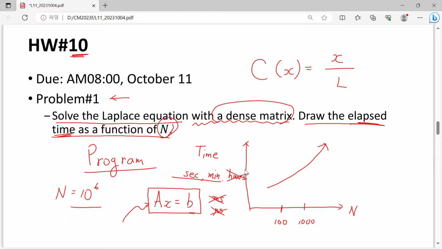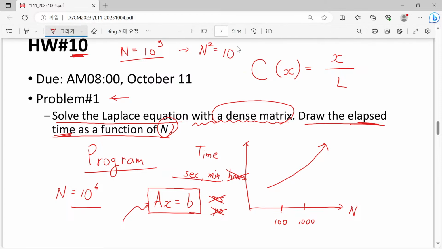I'm not quite sure, depending on your system configuration, sometimes you will see prohibitively long calculation time or insufficient memory problems. For example, if you introduce n equal to a billion, then what will happen? The required memory becomes 10 to the 18.